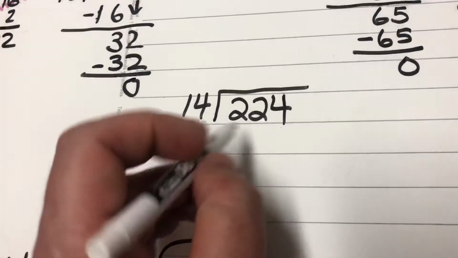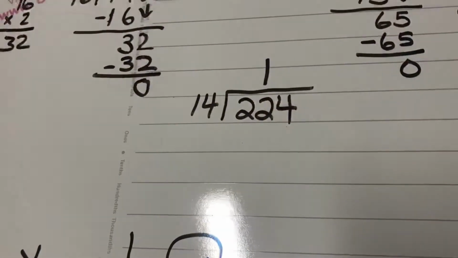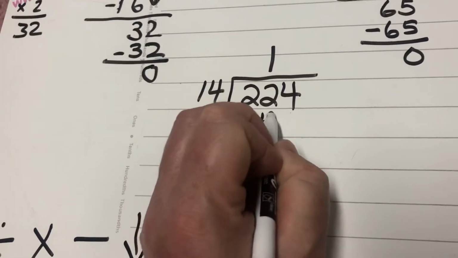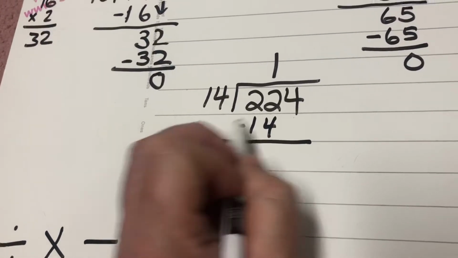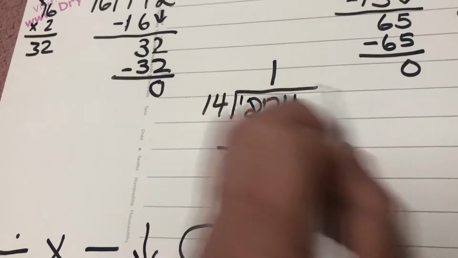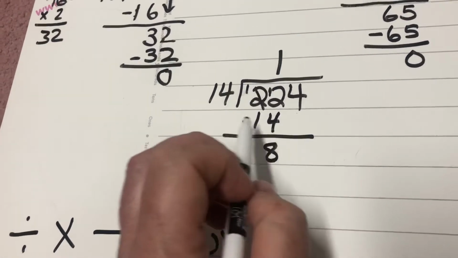Well, once again, 14 cannot go into 2, but it can go into 22 one time. 14 times 1 is 14. When I go and do 22 minus 14, can't do 2 minus 4, so I borrow from the 2, make it a 1, make that 2 a 12. 12 minus 4 is 8. 1 minus 1 is nothing.